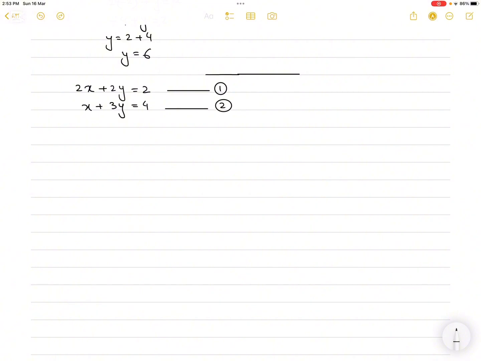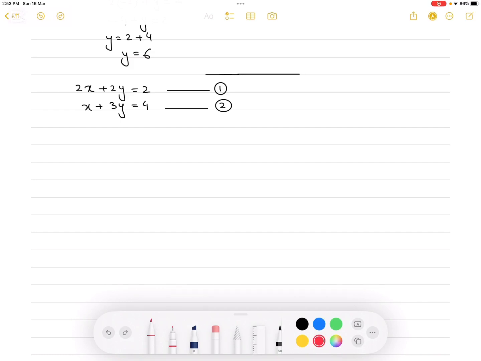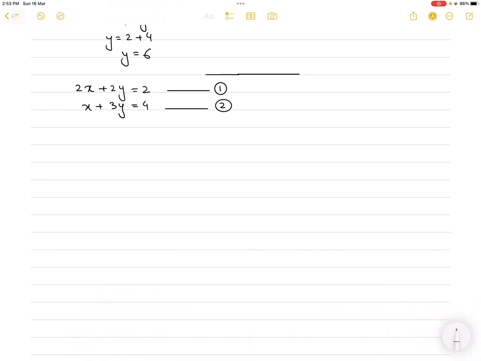So suppose I pick x, I will multiply equation number 1 by 1. This one came from the second equation. The coefficient of variable x is 1, so I multiply the upper equation throughout by 1.